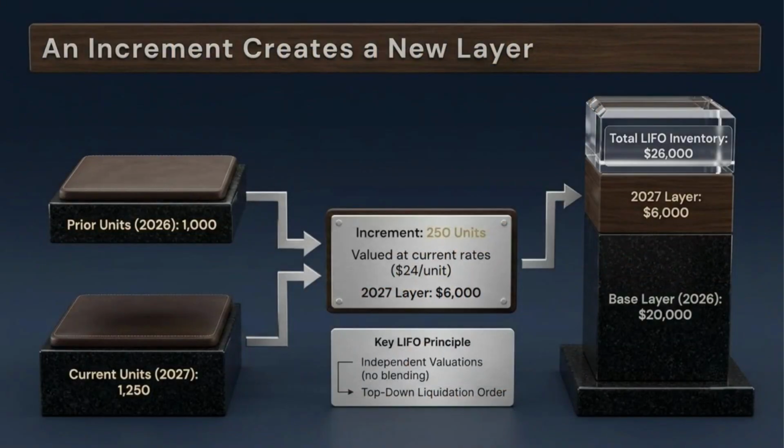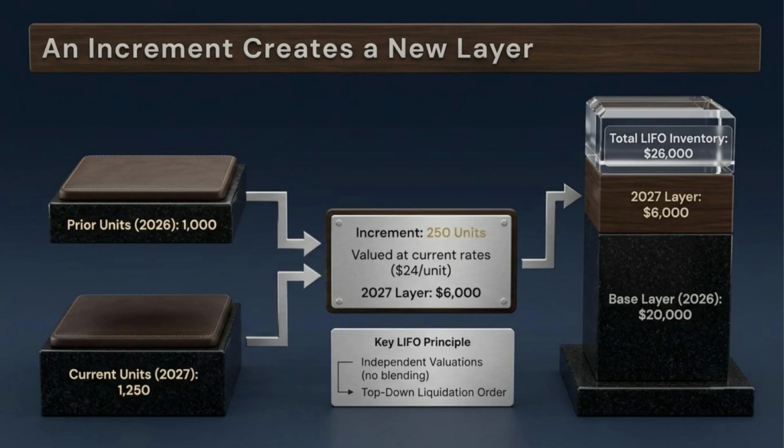An increment creates a new LIFO layer. In 2027, ending inventory rises from 1000 units to 1250 units. The increase is 250 units. Those 250 units are costed at the current year cost of $24. So the new 2027 layer is 250 multiplied by $24, or $6,000.